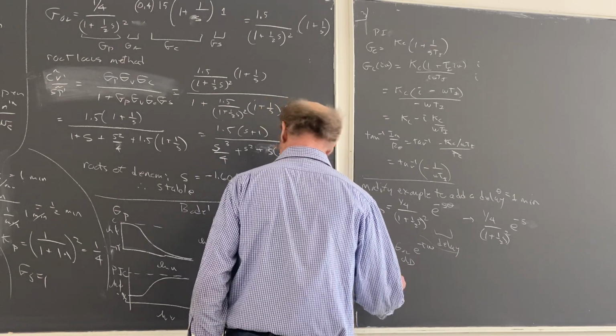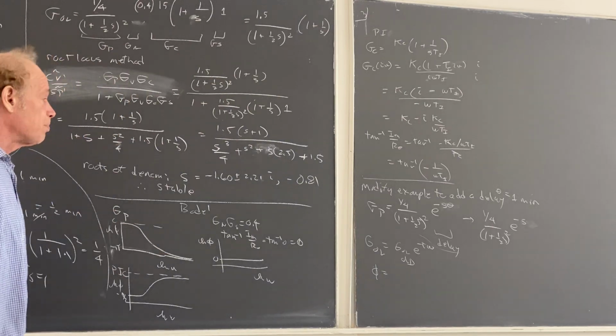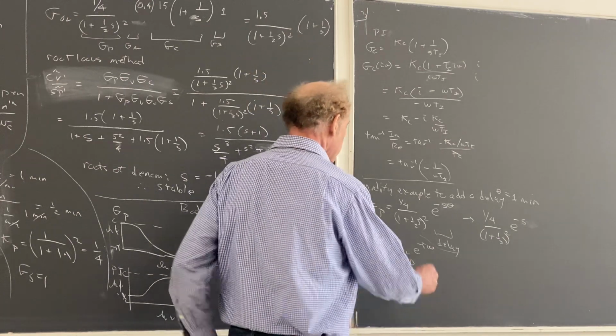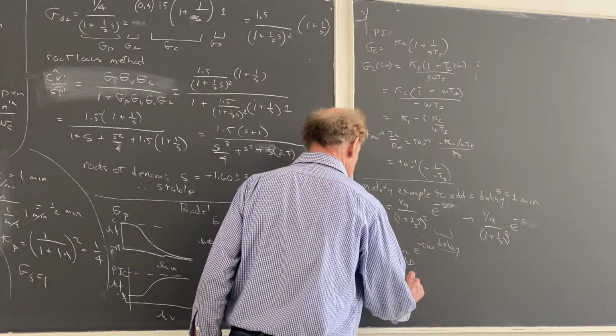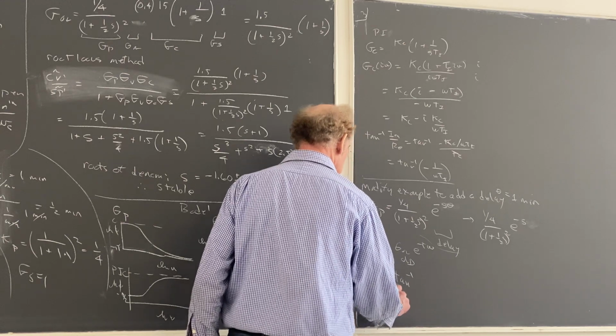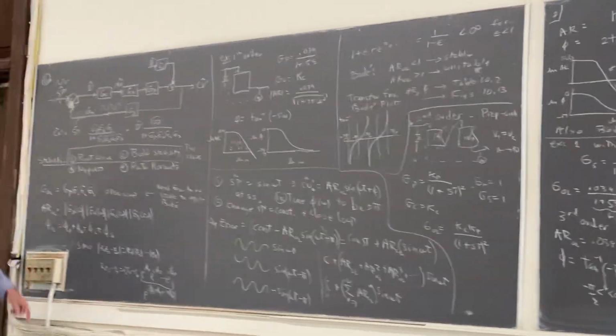Phi, we said, was these phi's I had before plus the phi of this thing. Phi of this thing is the arctangent phi of the delay, because I multiplied something. So I don't have to calculate the overall. The way I calculate the overall phi is I just add the phi of the delay.